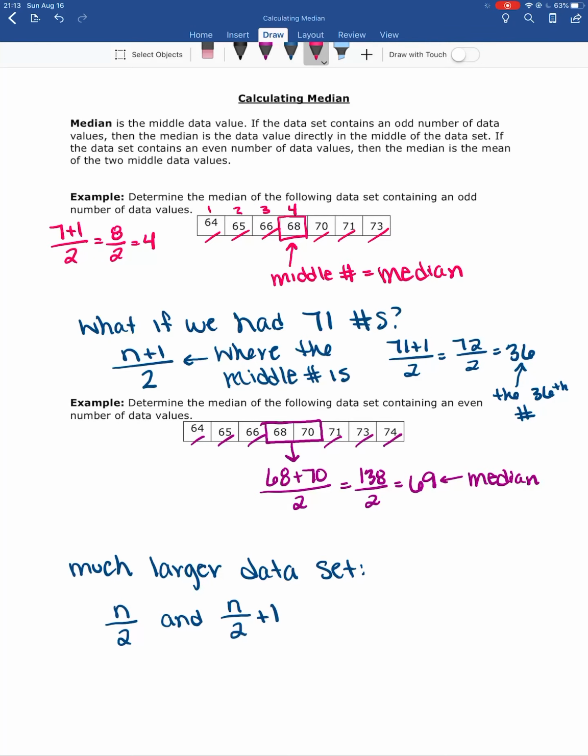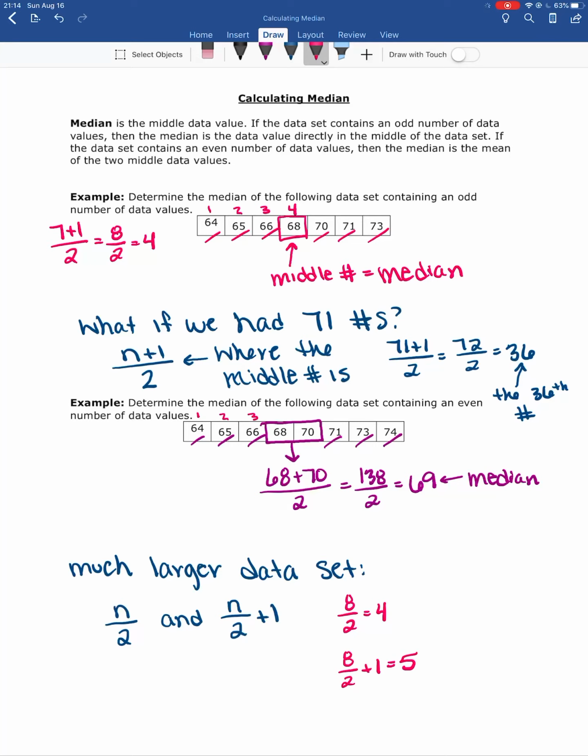So if we do that with this data set, we had 8 numbers. So if I take 8 divided by 2, that tells me I'm looking for the fourth number. And then 8 divided by 2 plus 1 is the fifth number. So I need to find the fourth and the fifth number and find the average of those two numbers.